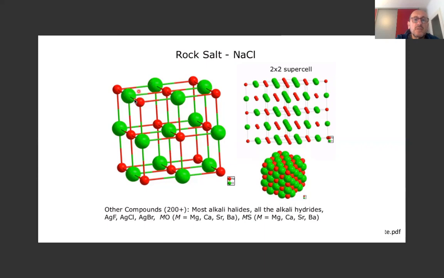And this also forms an FCC structure. Look here, there's nothing in between, there's no sodium in between here. So sodium by itself forms an FCC structure. And the chlorine atoms do the same thing, but displaced by half a unit cell.